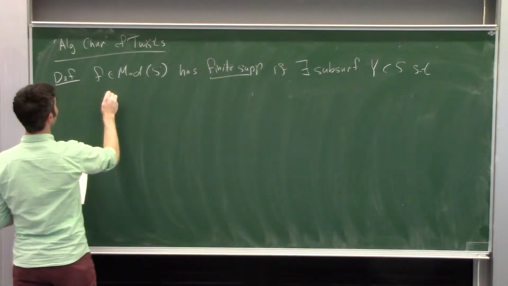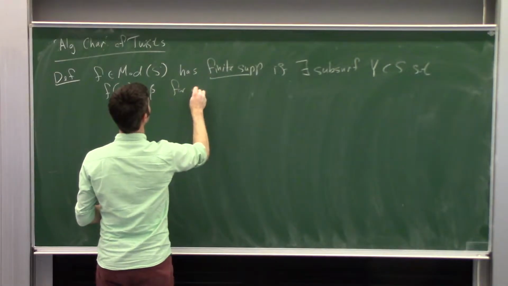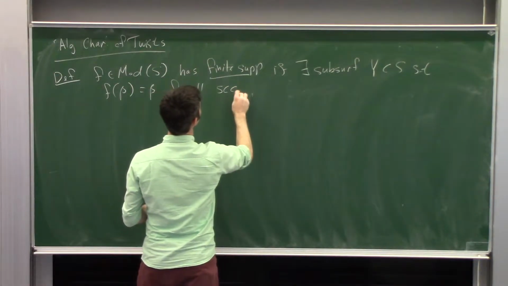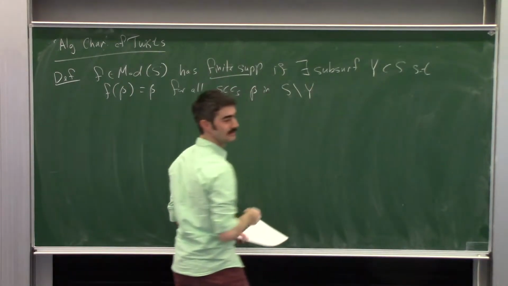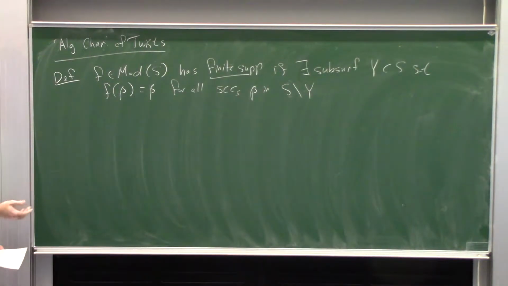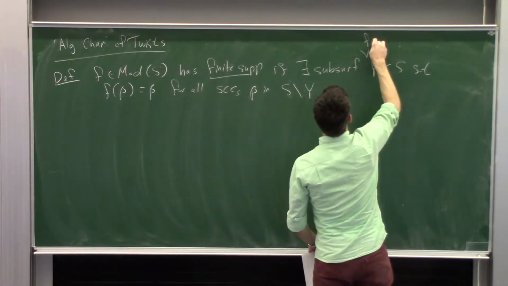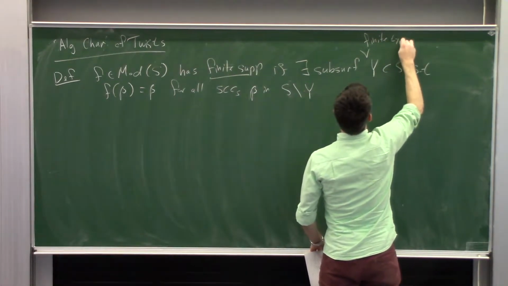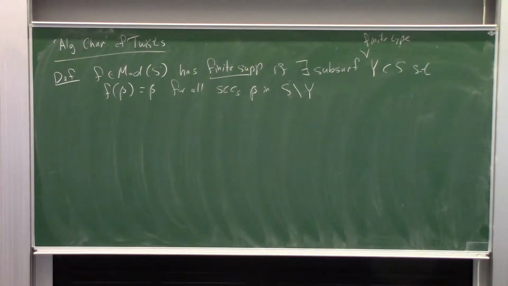So let me write that as f(beta) = beta for all simple closed curves beta in the complement of Y. So all curves that aren't in Y are fixed, so I'm the identity out there, and I'm really just a word in Y. You want Y to be compact. I want Y to be finite type. Yeah, sorry. So it doesn't have to be compact, it could have punctures. But finitely many.